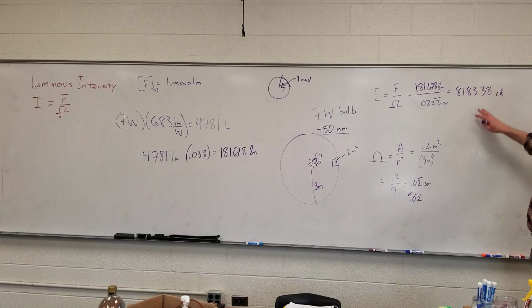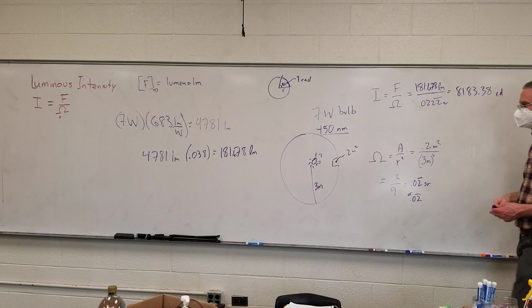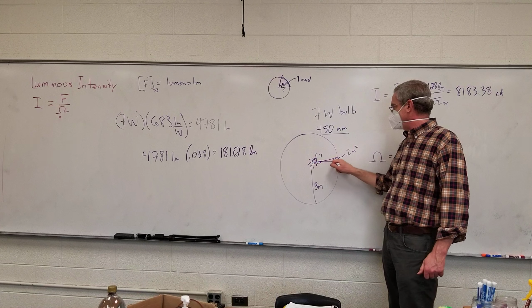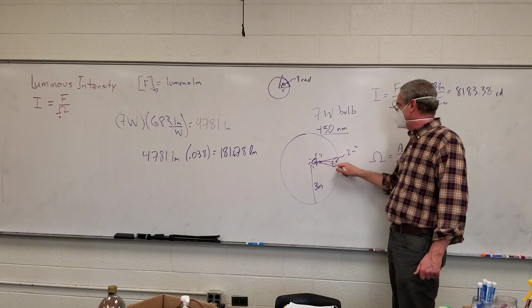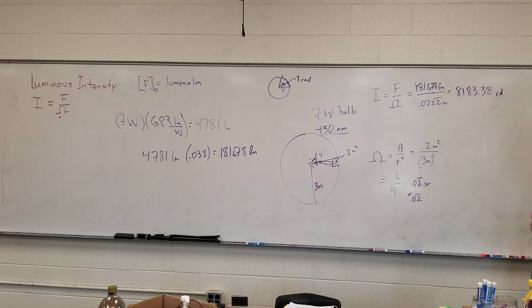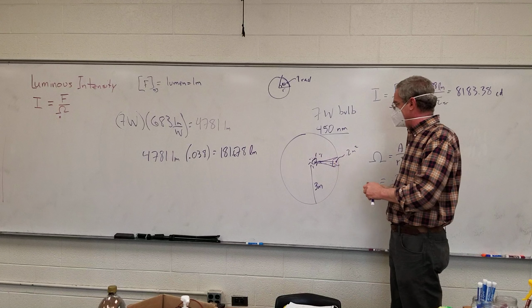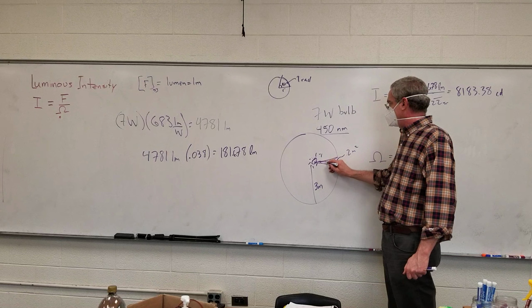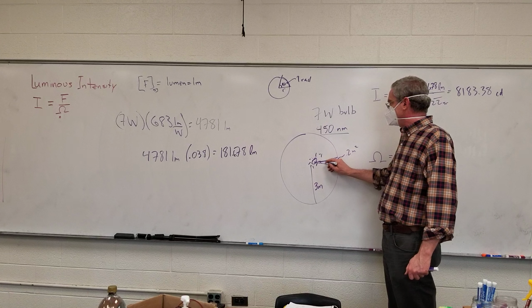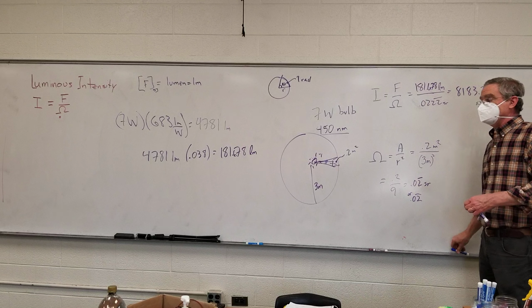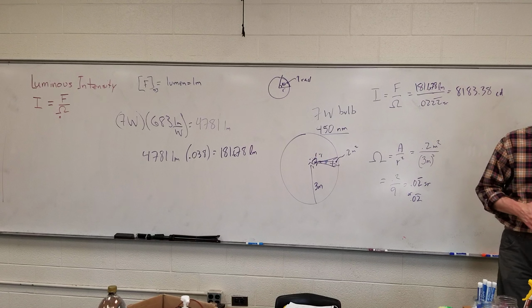And so this gives you a measure of basically anywhere within that cone there, so from the source to there. If I moved closer and changed the size of this accordingly, so looking at now a much smaller area, I'd have this exact same luminous intensity, because the luminous intensity is dependent on the angle.